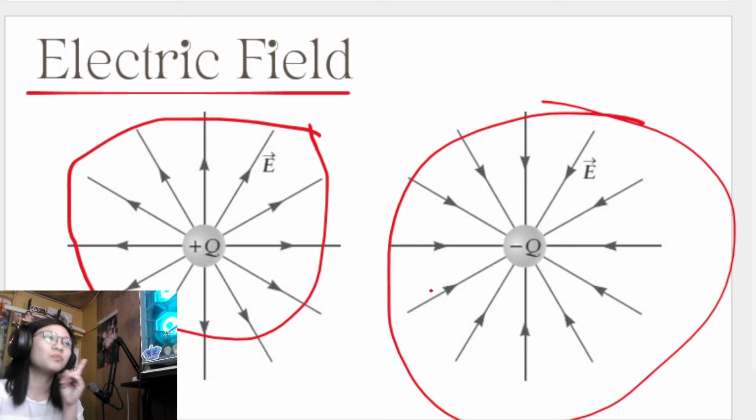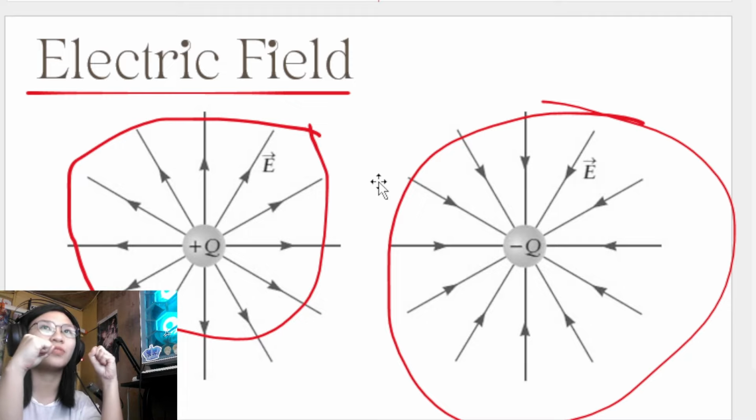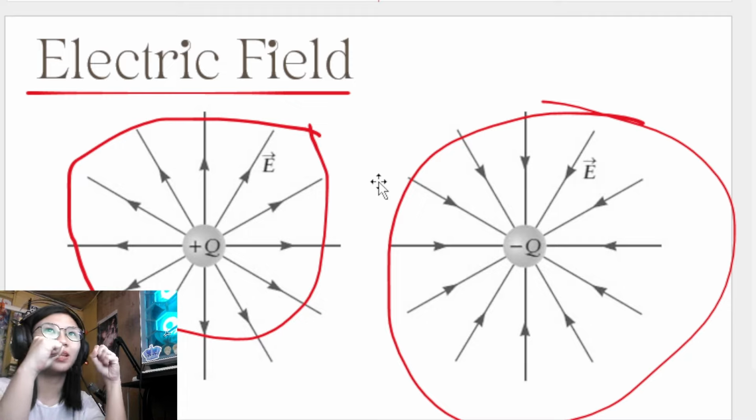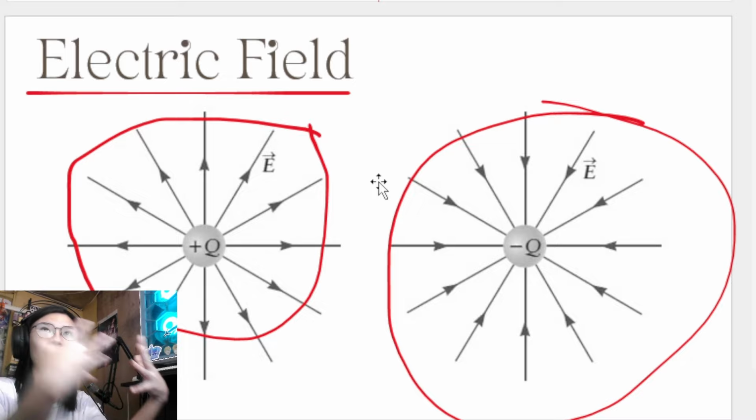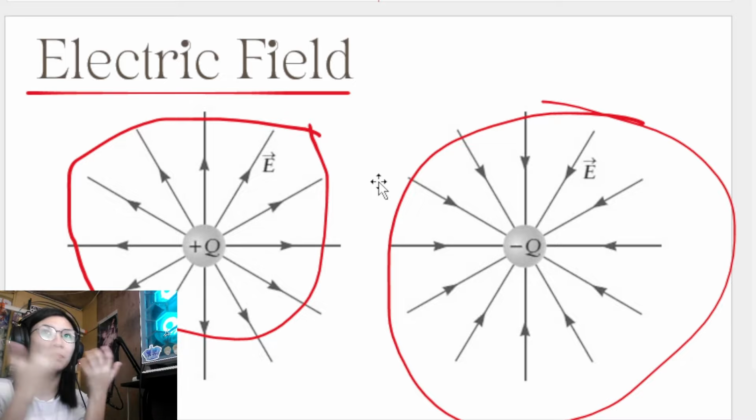Okay? So, kana siyang electric field, ang charge, depende sa iyang charge, gina-distort niya or gina-modify niya ang properties sa space niya. Okay? So that is why if there's another presence of a charge, it will have this, what we call force, either repulsive or attractive.